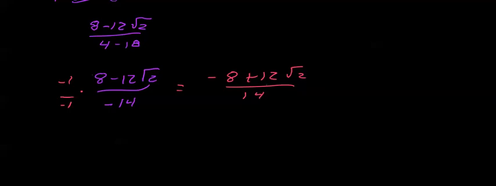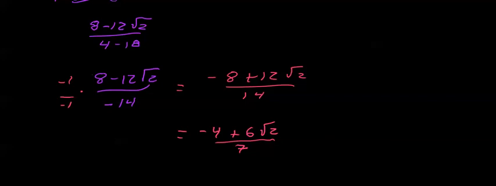Still not done. We're going to divide everything by 2, and we get negative 4 plus 6 radical 2 over 7.